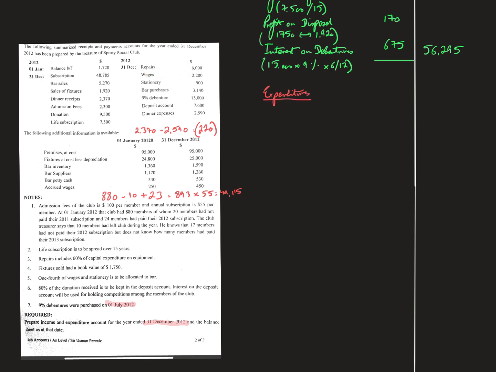But hang on, there was an adjustment about it. Adjustment number 3 mentions that repairs include 60% capital expenditure on equipment. So 60% was capital expenditure, which means I purchased some equipment or added value to it. The remaining 40% is my expense. What is 40%?